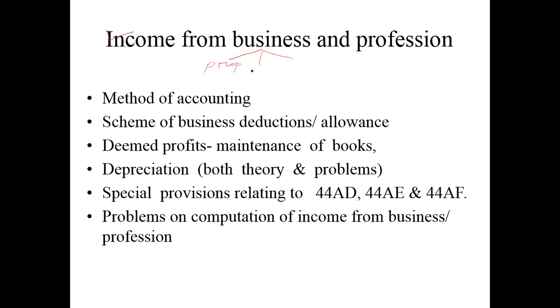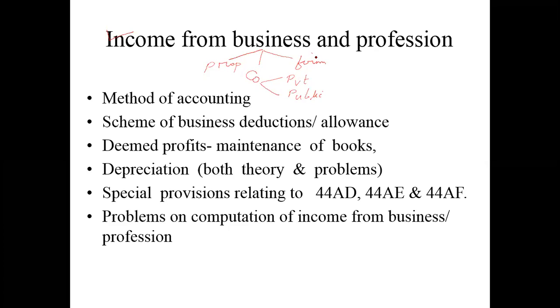Next we are talking about a company, and under company we have two parts: a private limited company and a public limited company. And next we are talking about a firm, in the sense a partnership firm. So whenever we are talking about business, these are the three aspects that we have to take into consideration.